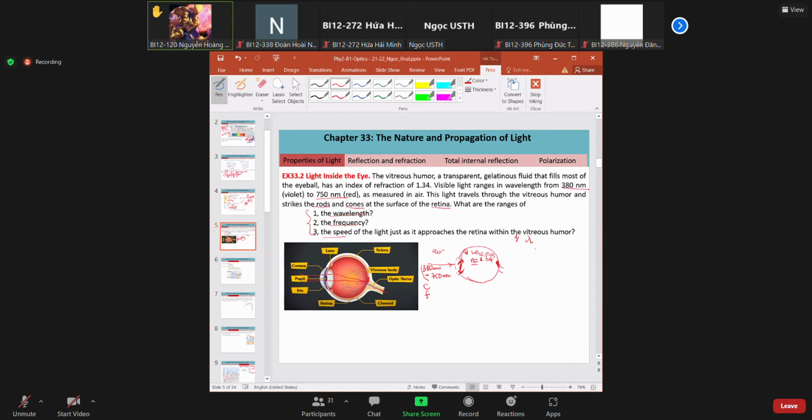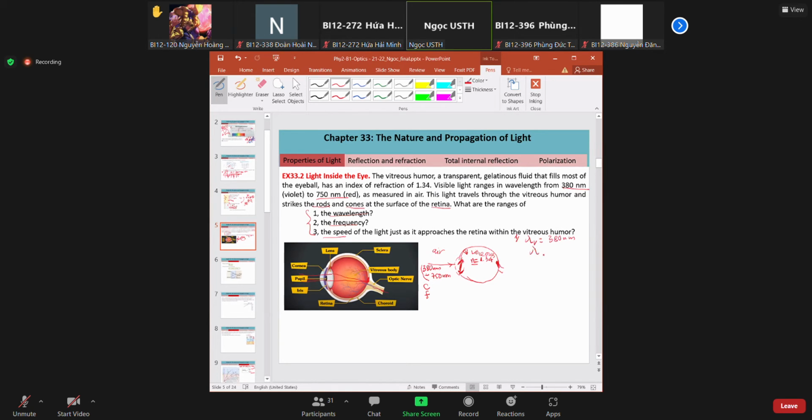In the exercise we have the wavelength in the air. I mean violet, 380. We will call it lambda 01, where v stands for violet. It equals 380 nanometers.